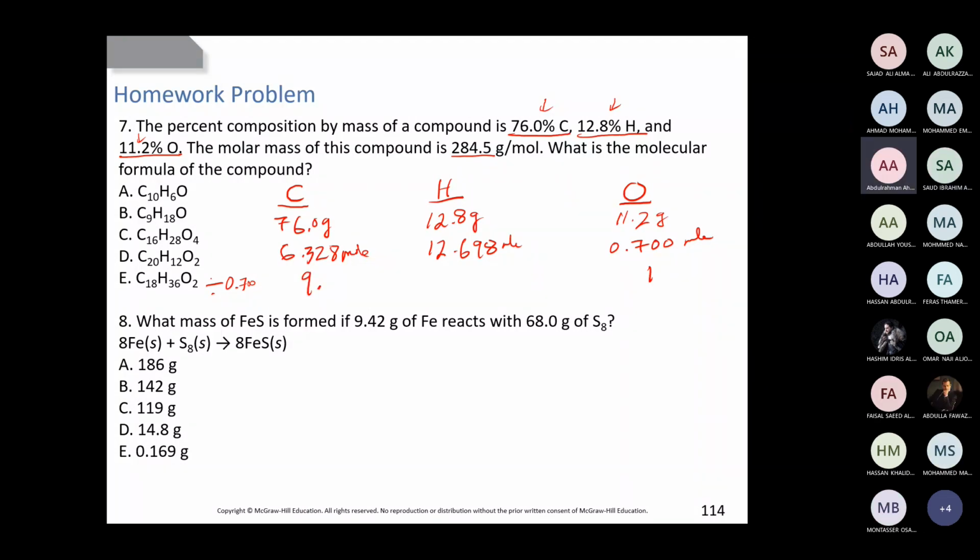So I consider it to be 9, because I don't want whatever after 9.04. How about hydrogen? It will be 18.